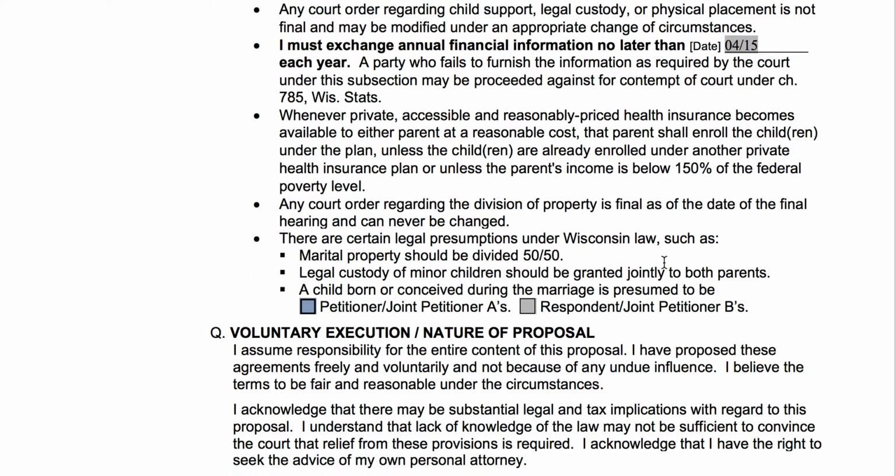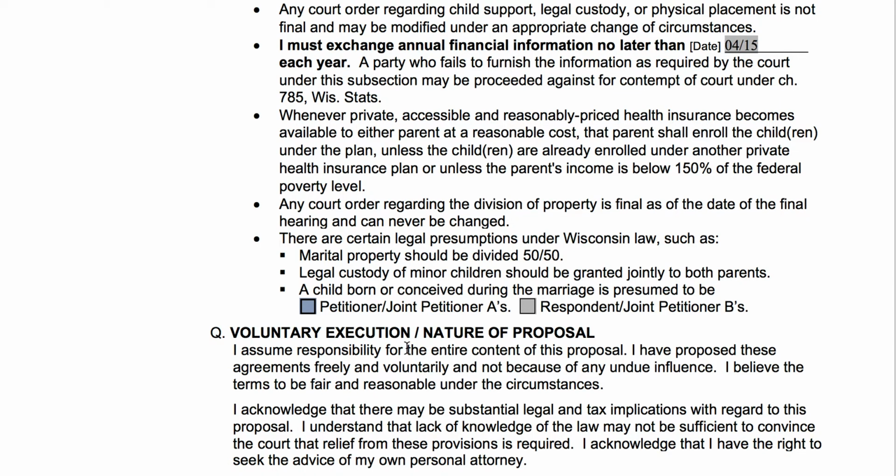And then last but not least, here you're going to include, so basically it's making us recite the marital presumption down here. So the marital presumption is a law in Wisconsin that basically says if a child is born to a female party while the parties are married, the other spouse is presumed to be the dad of that child.